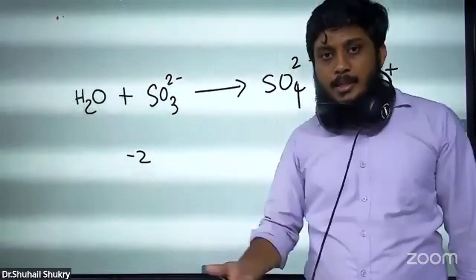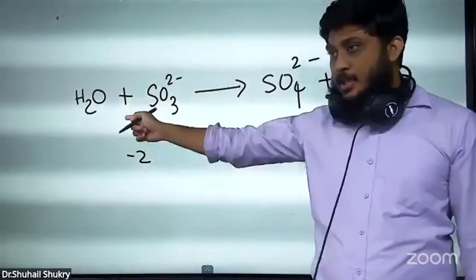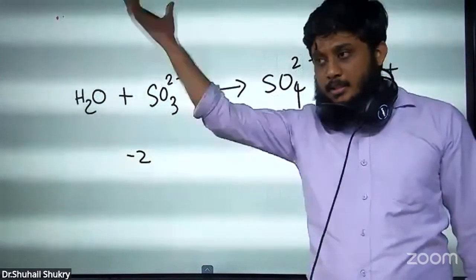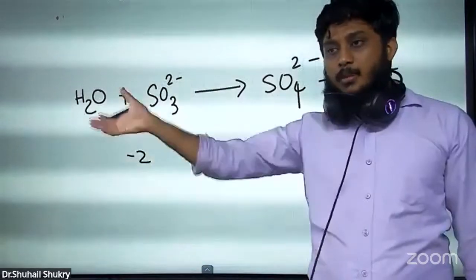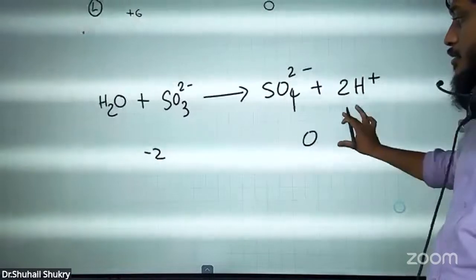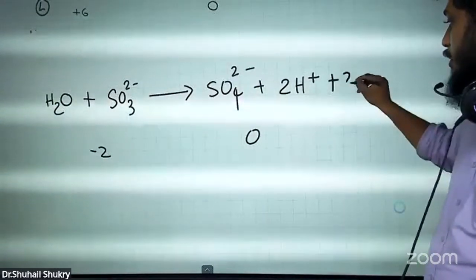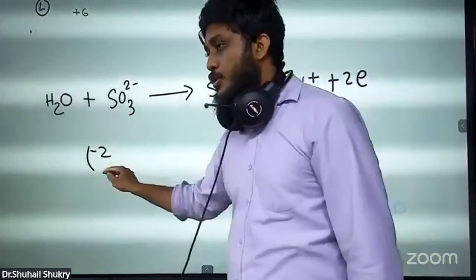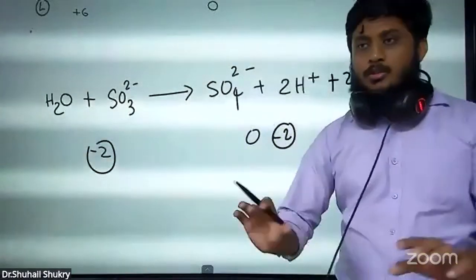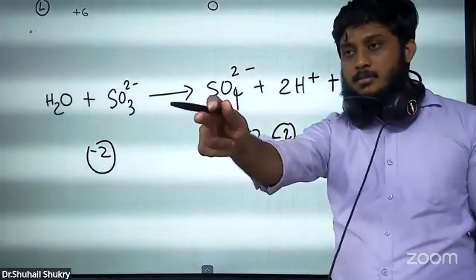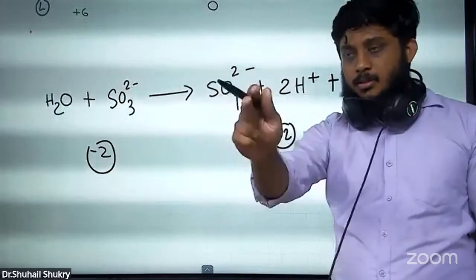Where should I add the electron? If I add the electron to the left side, the minus value will increase, minus 2 becomes minus 4. So I have to add to the right side. If I add 2 electrons, this side will also be minus 2. Remember, in an equation, the total charge of both sides should be equal.